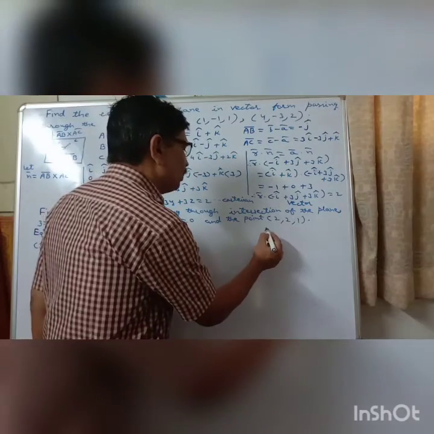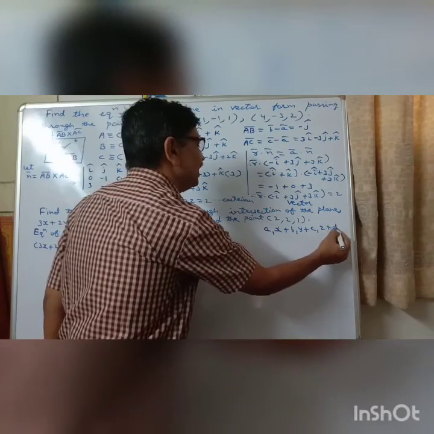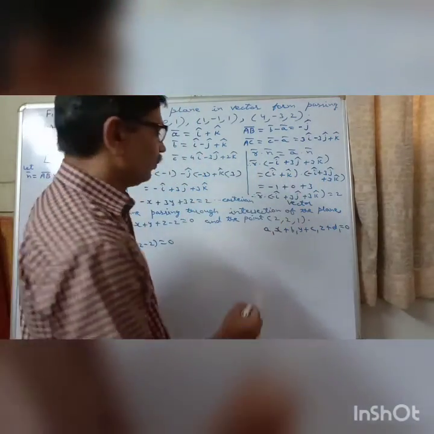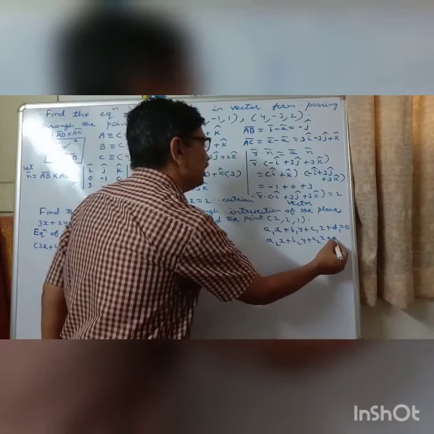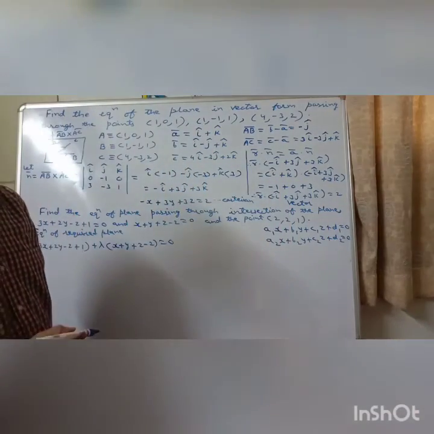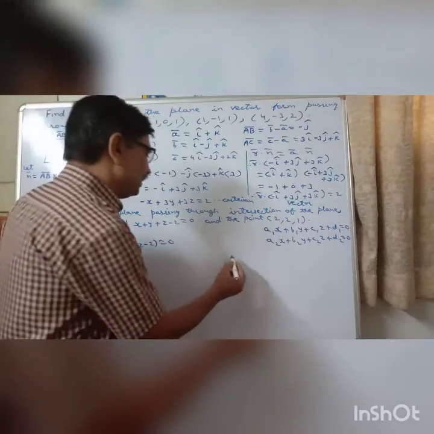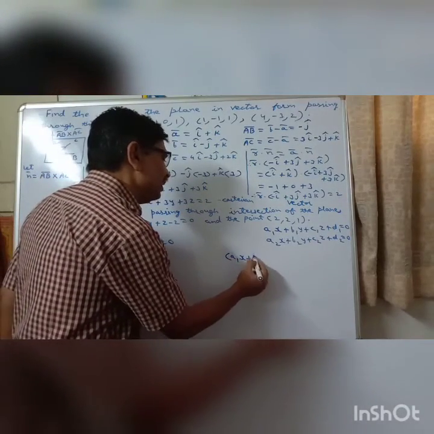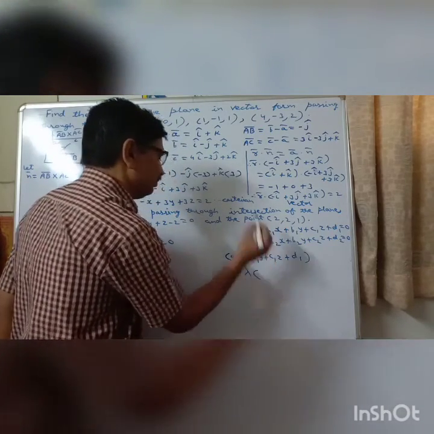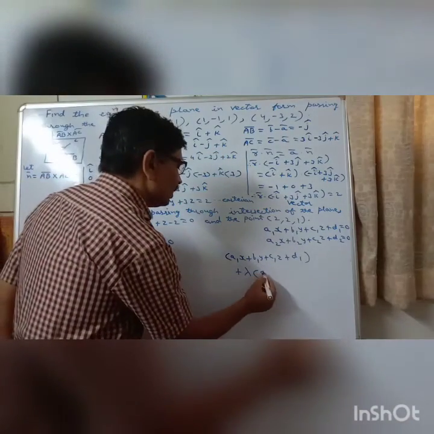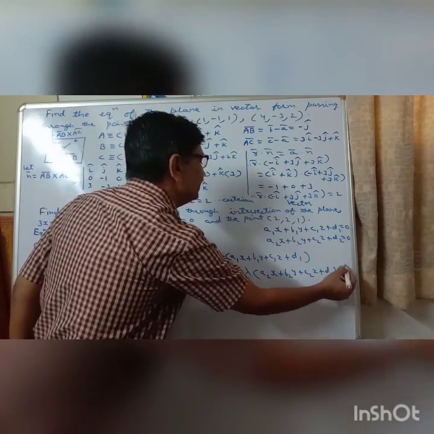If the equations of two planes in Cartesian form are a1x plus b1y plus c1z plus d1 equal to 0, and another plane, a2x plus b2y plus c2z plus d2 equal to 0, then the equation of the plane passing through the intersection of these two planes is given by, in one bracket, a1x plus b1y plus c1z plus d1, plus lambda into bracket a2x plus b2y plus c2z plus d2, is equal to 0.